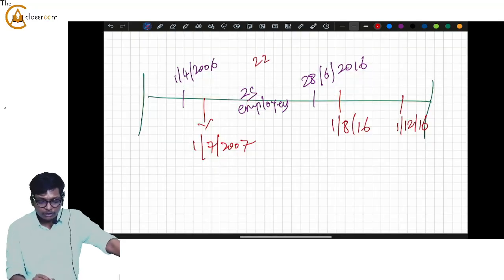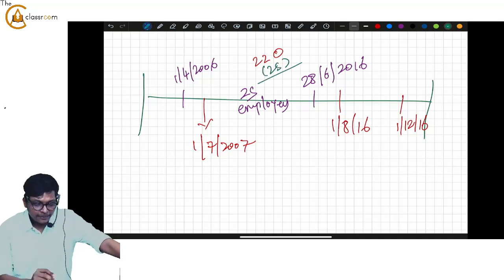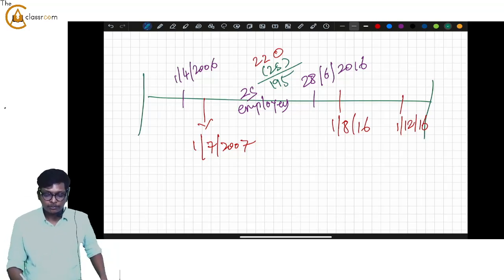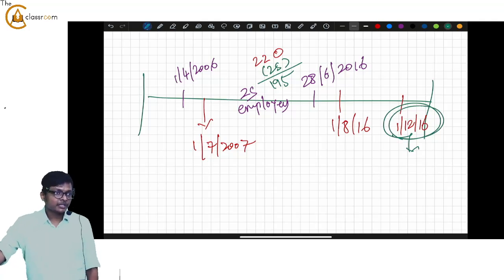The company has a total of 220, and the facts given to me are only with respect to these 25 members, employees. If I reduce them, it will become 195. Then they can convert. But the point is, on which day did these fellows purchase the shares? 1st December 2016. Correct?